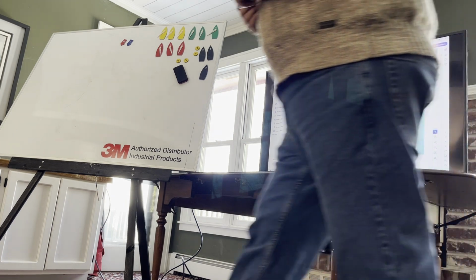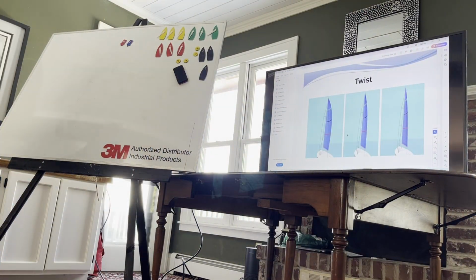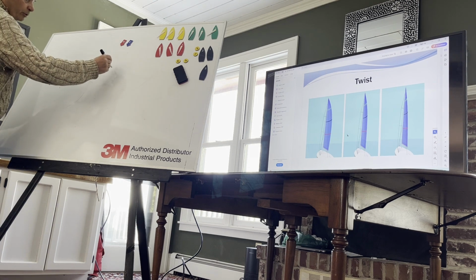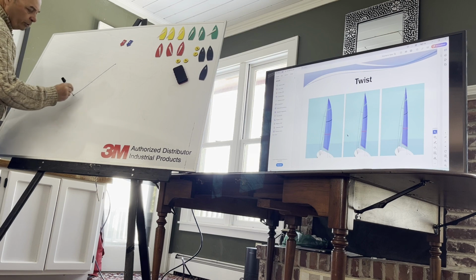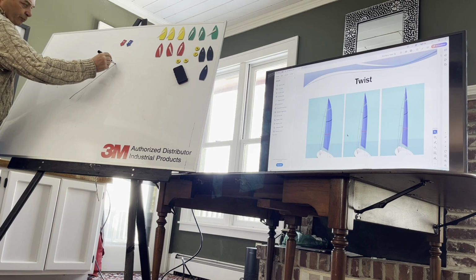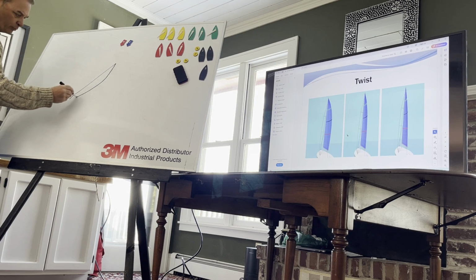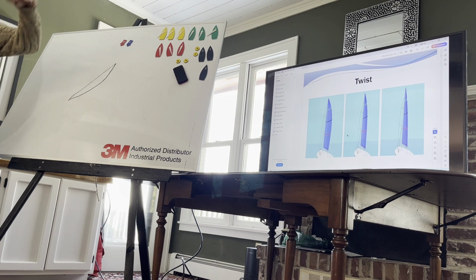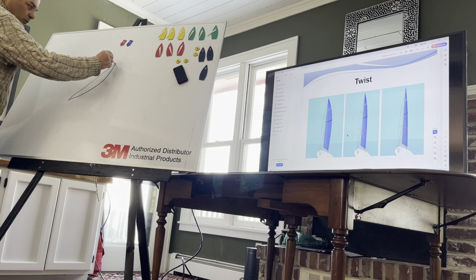And sort of the thought behind it is, there's our boom. There's the first draft stripe, the first one up.